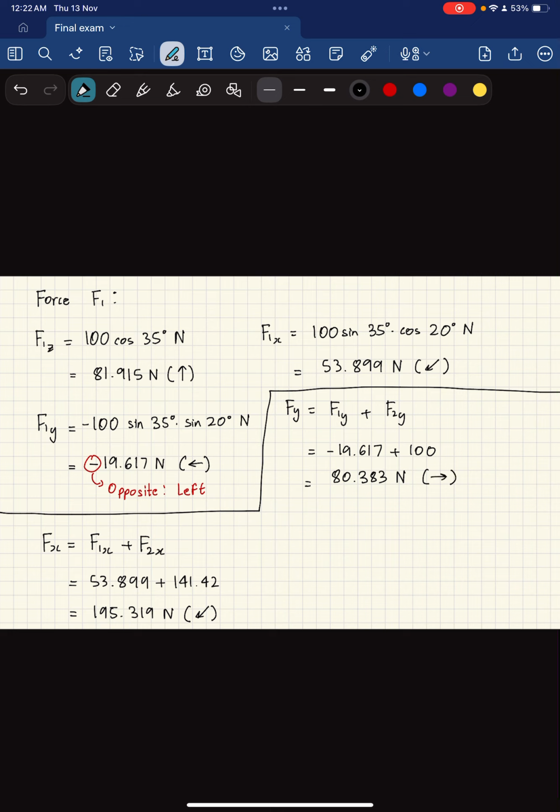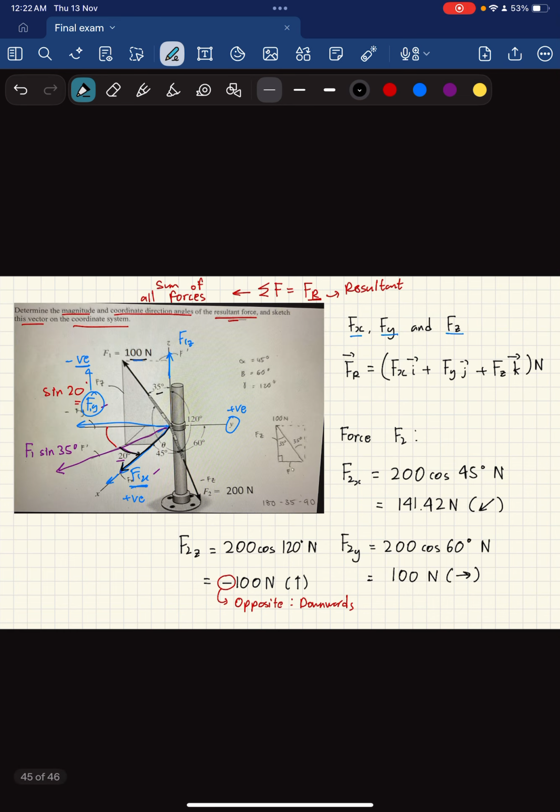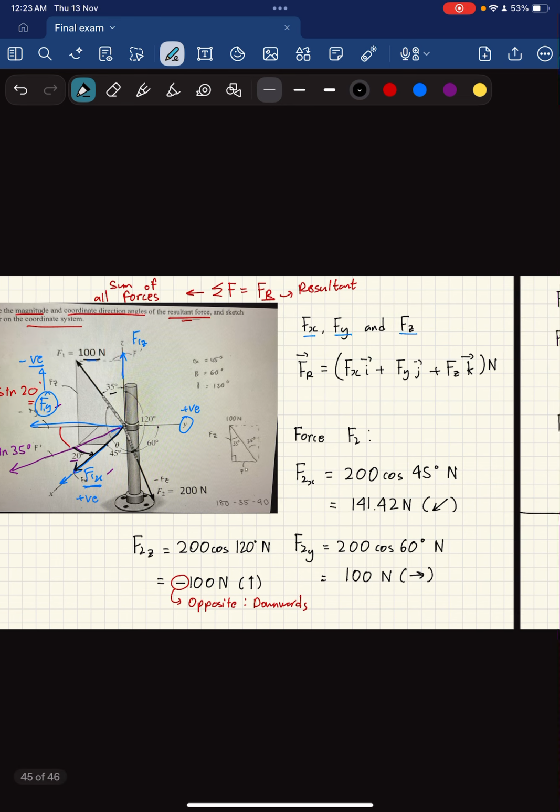And last but not least is Fz, which is simply F1z plus F2z. It's simply 81.915 plus F2z, which is negative 100.